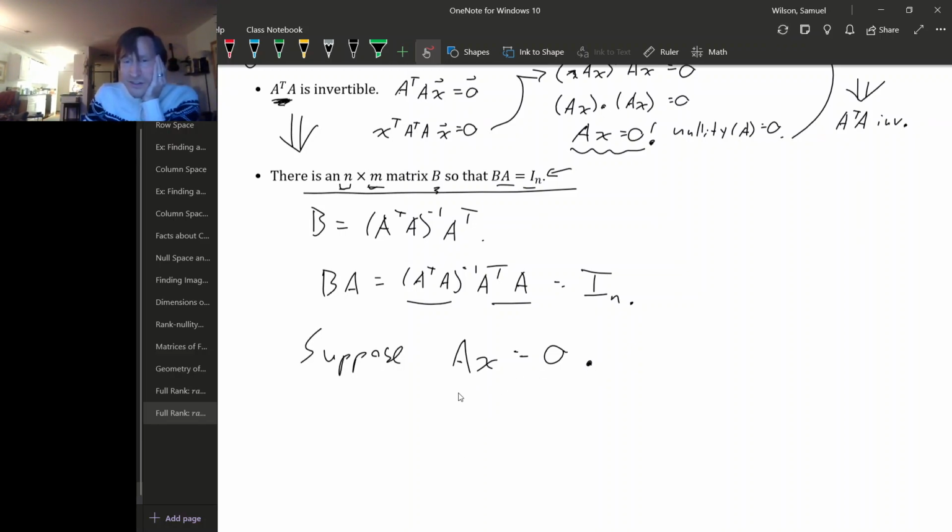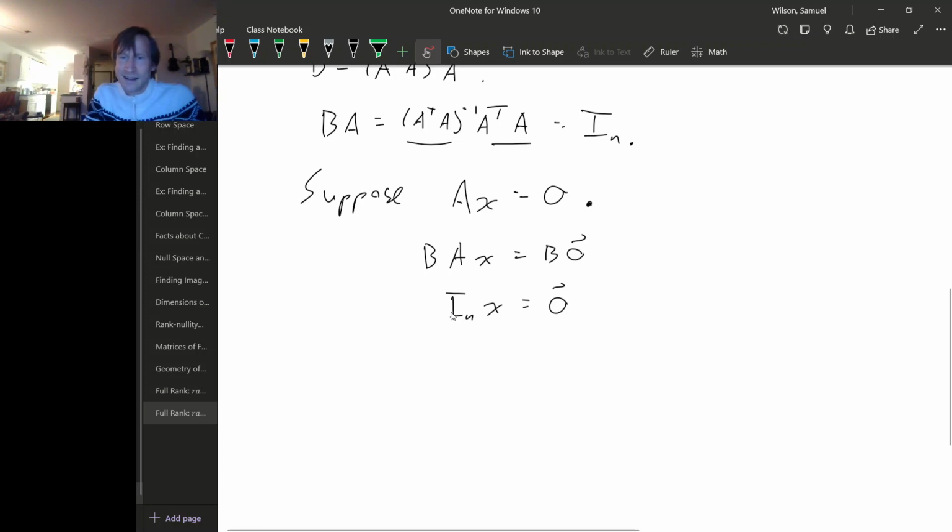Multiply on the left by B. We're assuming there is such a B. We get B times A times X equals B times 0. But on the left, B times A is the identity. On the right, B times 0 is 0. And the identity times X is just X.